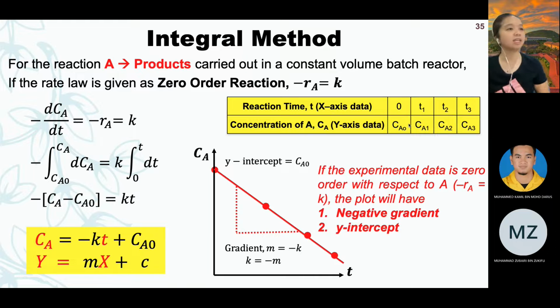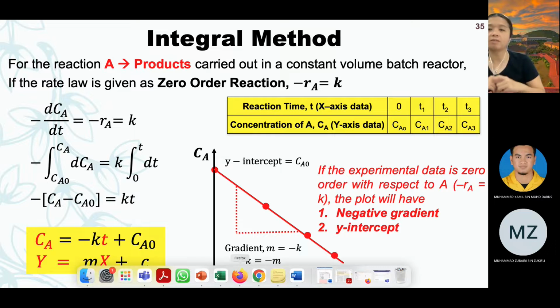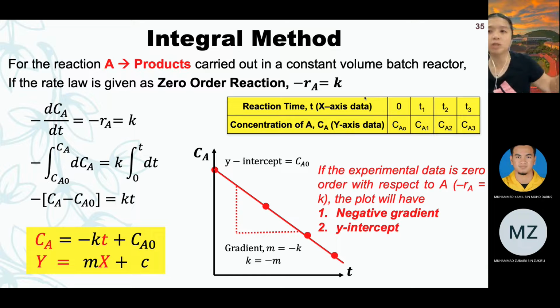The first characteristic, dia mesti straight line. Mesti straight line lah. Dia tak boleh bengkok-bengkok pun tak boleh. Dia tak boleh parabolik, dia tak boleh hyperbolic. Dia mesti satu straight line. And the straight line must have a negative gradient. So kalau kamu plot graph kamu dan kamu dapat straight line tapi kecerunan positif, maksudnya reaction kamu tu bukan zero order.